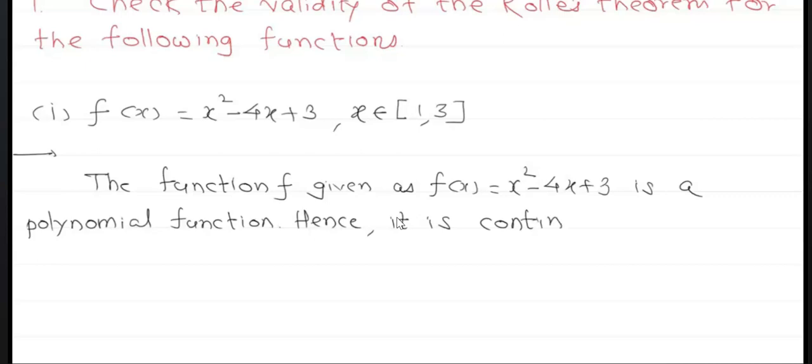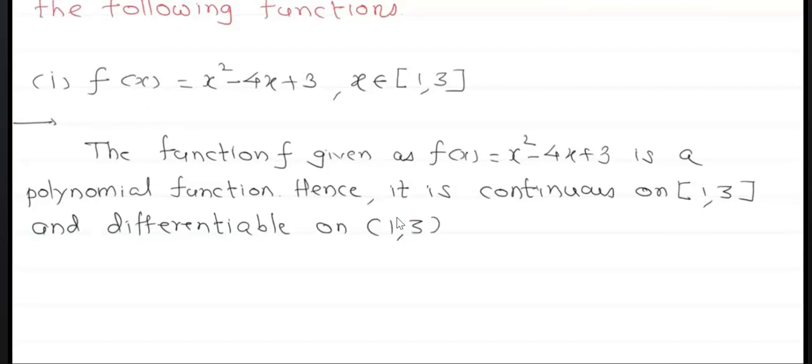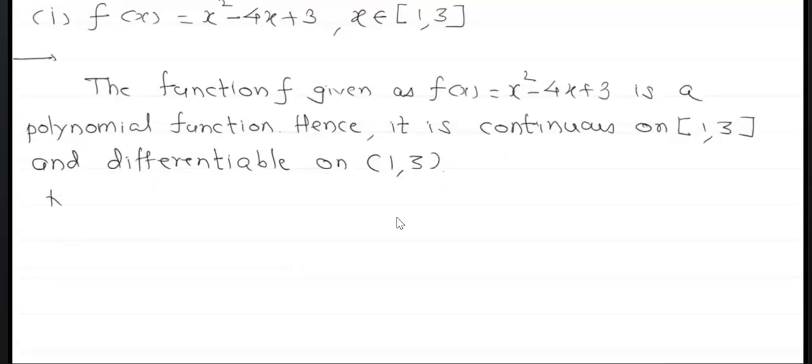Hence, it is continuous on closed interval 1 to 3 and differentiable on open interval 1 to 3.